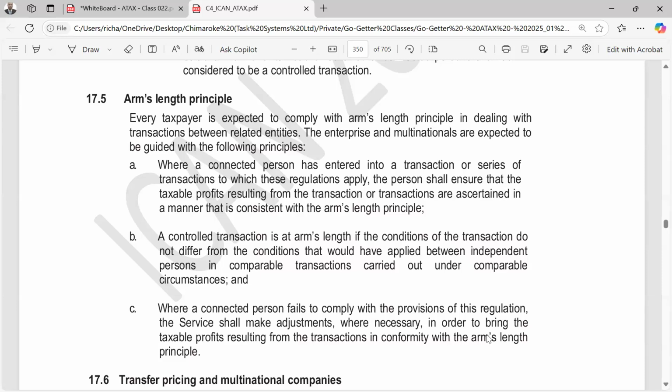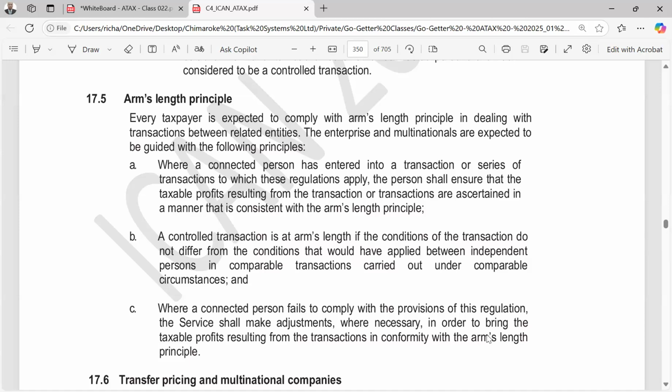So what this is saying is that since you failed to comply with the arm's length principle, the revenue service will make adjustments, meaning that they will consider that transaction with the connected person, in a closed, controlled transaction, as though it was done in the open market.